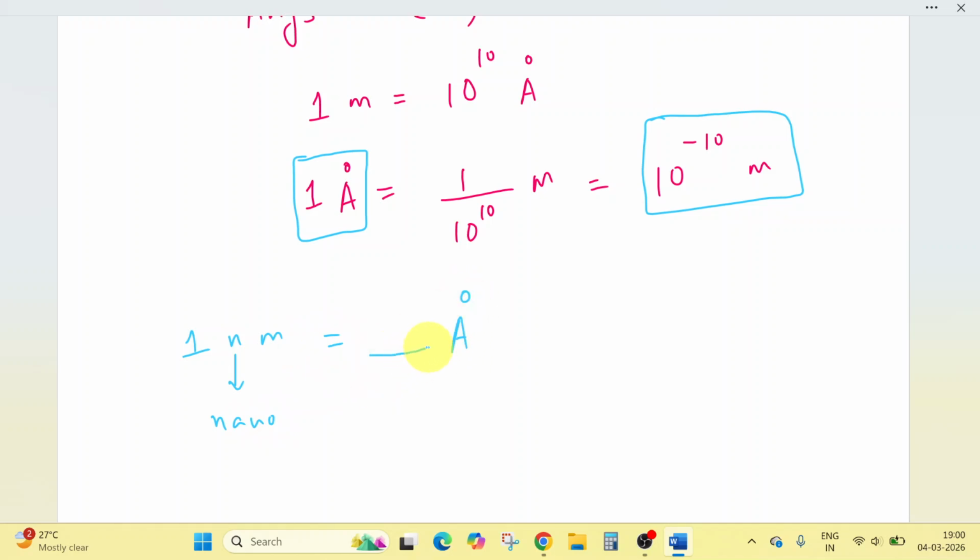Tell me if anyone can. বলো, 1 ন্যানোমিটারে কত অ্যাংস্ট্রম হবে? বলো দেখি, সমদ্বিতা, কত অ্যাংস্ট্রম হবে? 10. Yes, absolutely right. Yes, correct.